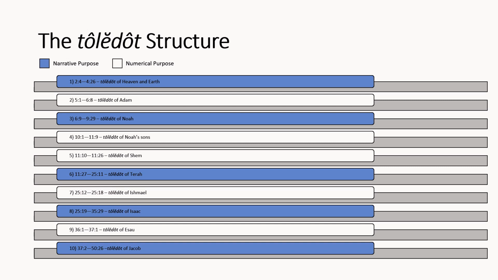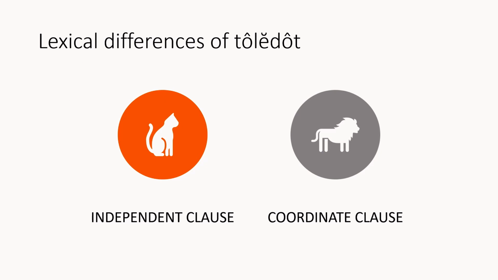There are also some lexical differences in terms of the actual word Toledot, this word that is translated generations. Within the Hebrew grammar, there are 2 different ways in which this is used. There are independent clauses, which is represented by this image of a cat, because cats tend to be independent, and there are coordinate clauses, and we've got a pride of lions hunting in packs.